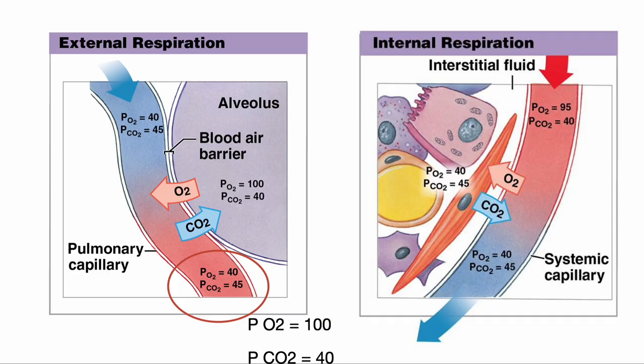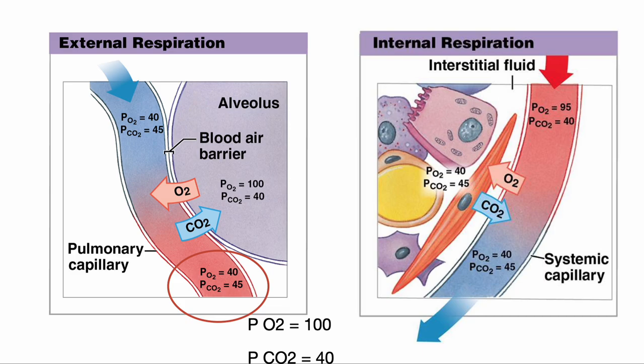So one thing we like to talk about is partial pressures, which is sometimes a little scary for students, but it shouldn't be. Partial pressure is just the pressure exerted by a single gas in a mixture of gases.